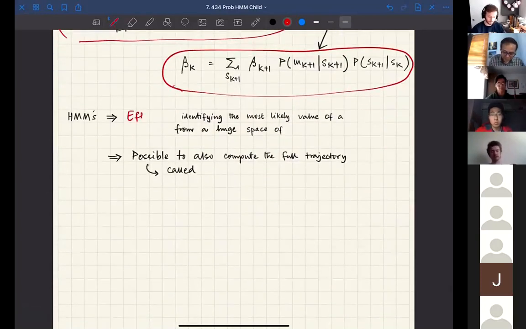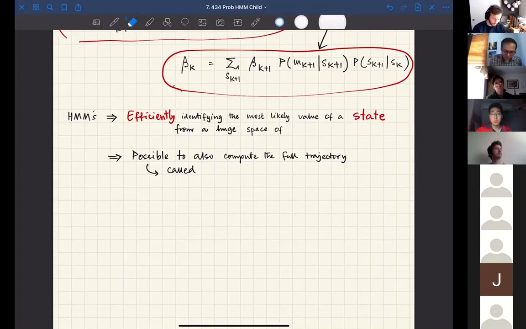So HMM is efficiently, and efficiently doesn't mean super efficiently, but much better than exponential growth, identifying the most likely value of a state variable from a huge space of possibilities.